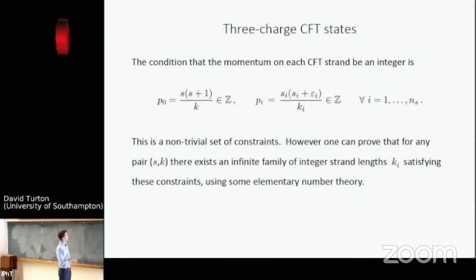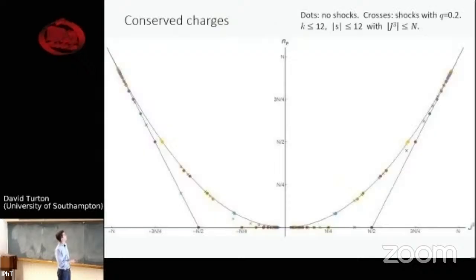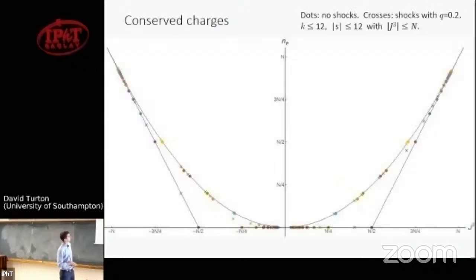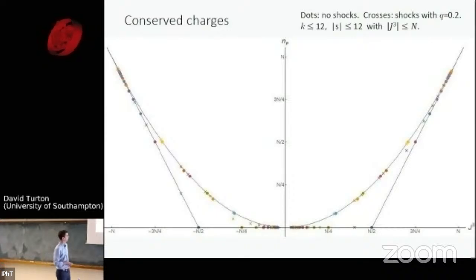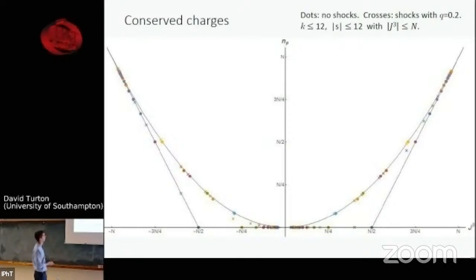Okay, good. I'm almost done. Let me show you what happens to the solutions. So the dots here, I've zoomed in a little bit to the plot I showed you of the spectral flowed supertubes. And what I'm plotting here are both dots and crosses. So let's take, say, something out here, which is an integer spectral flowed solution. So the dot is the solution without the shockwave.